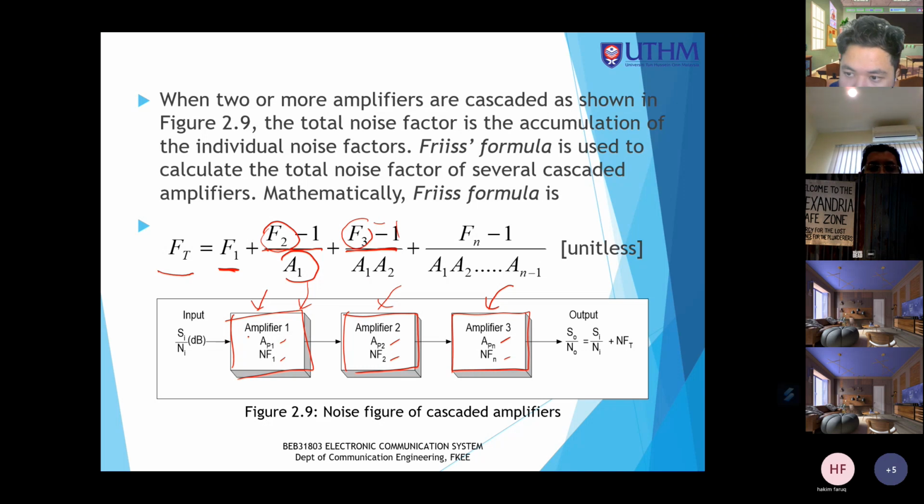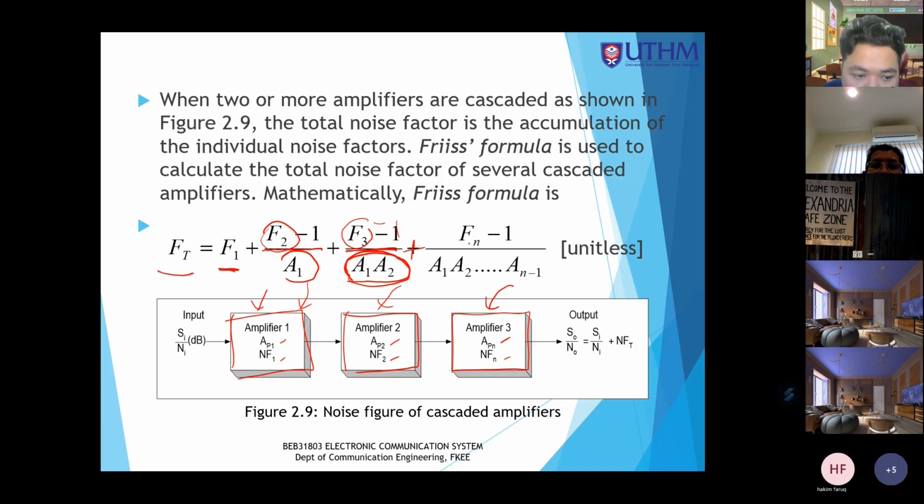So previously we have amplifier 1 and 2, so we multiplied A1 and A2. So this is the total gain from the previous amplifiers. And then plus, if we have the fourth amplifier, we need to plus until the end.